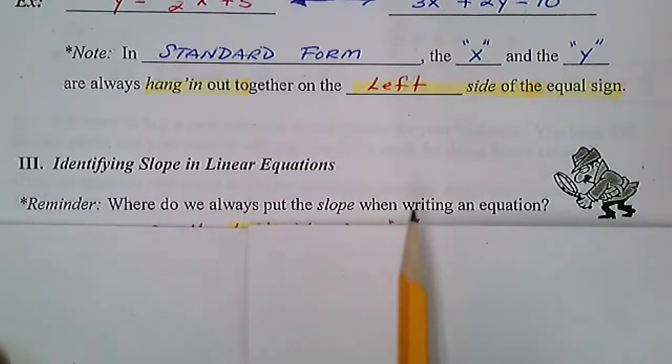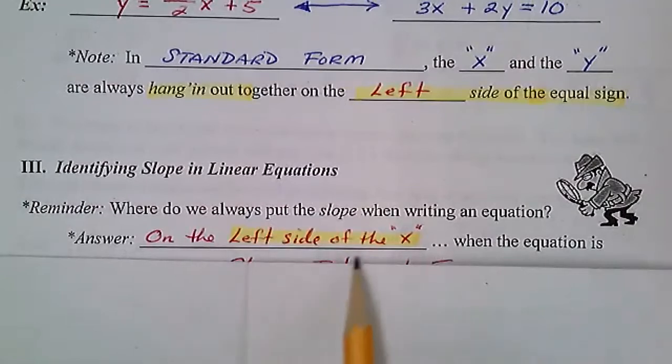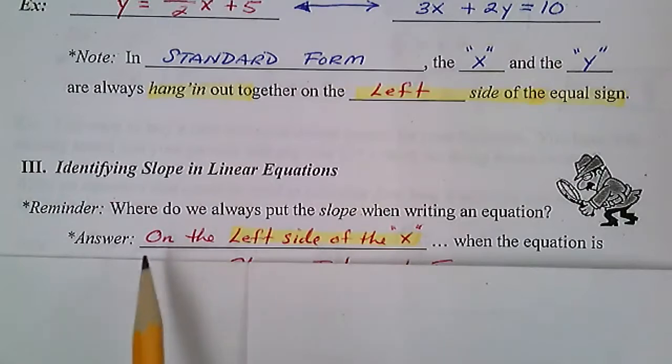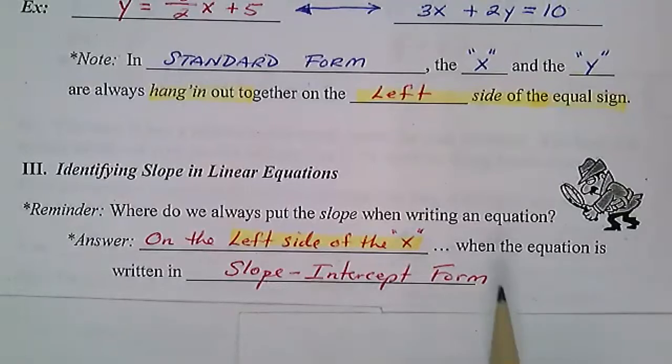On the left side of the x. We covered that in video number 1. The slope always goes on the left side of the x, but this is really important: that is only when it's in slope-intercept form.